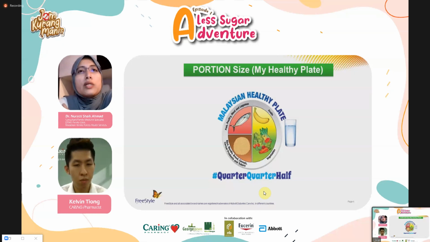So you look at the plate, what are the carbohydrates that might be the possible source of sugar in this meal? It is the rice and the banana. So you have to choose. You want to eat rice or you want to eat banana? You can choose only one, because having two of that spikes your sugar too much.